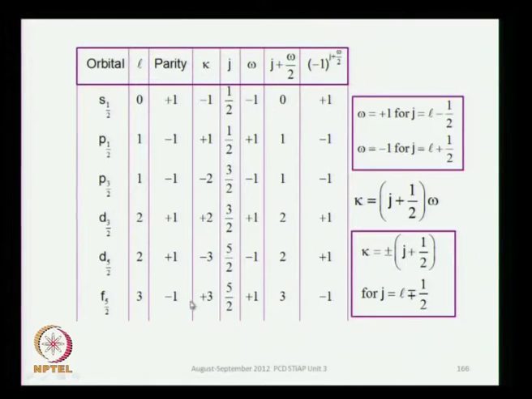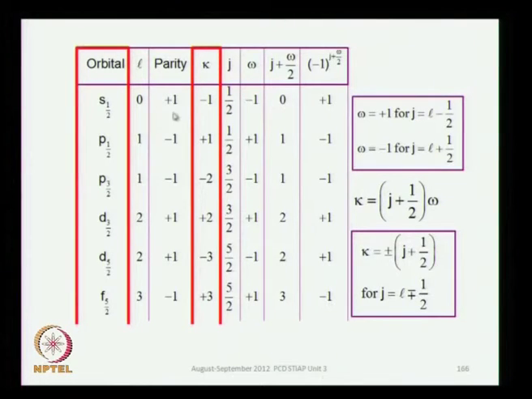Okay, you will see the kappa quantum number, and they will have this structure, and it is important to keep track of this, that the s 1/2, p 1/2, p 3/2, d 3/2, d 5/2 etc. kappa quantum numbers correspondingly will go as minus 1, plus 1, then minus 2, plus 2, then minus 3, plus 3, then minus 4, plus 4 and so on. Okay? So, there is a systematic manner in which these quantum numbers will show up.